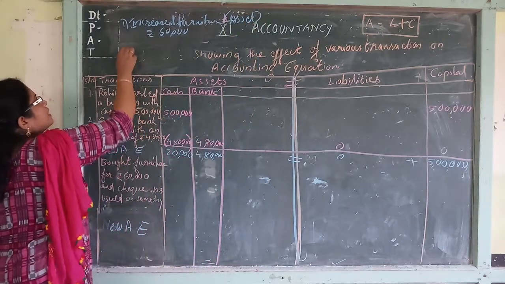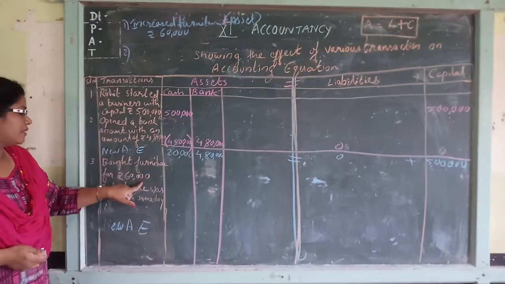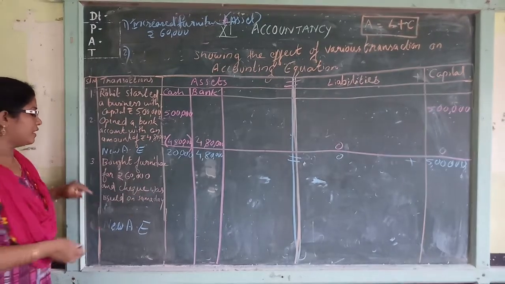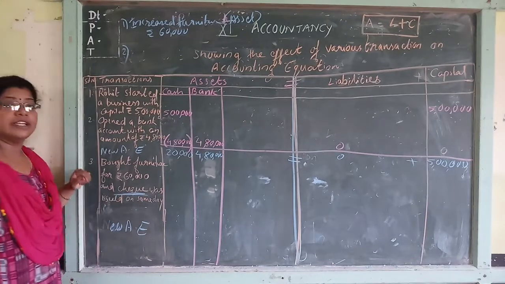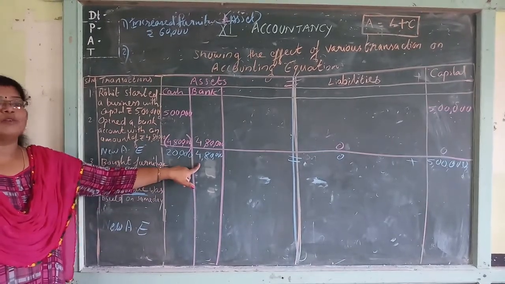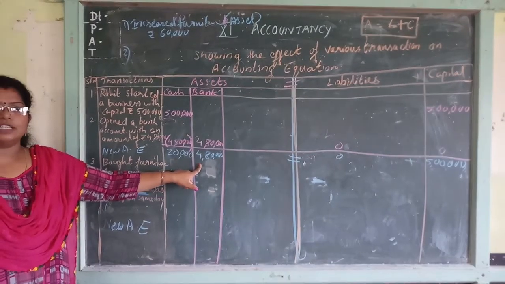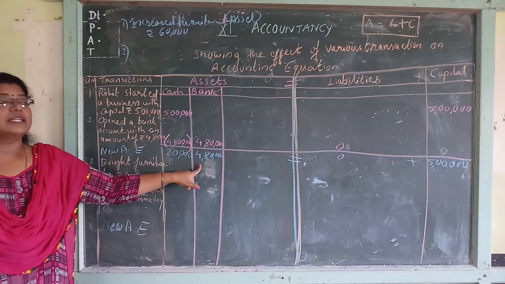Now what is the second effect? Bought furniture for rupees 60,000 and given a check. Check means definitely it is reducing from our bank balance. If you are issuing one check, definitely your bank balance is decreasing.